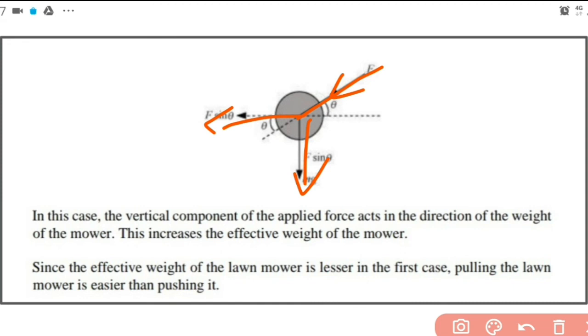That is why it is generally said it is easier to pull an object than to push it. While pushing an object, the effective downward force increases; while pulling an object, it decreases.